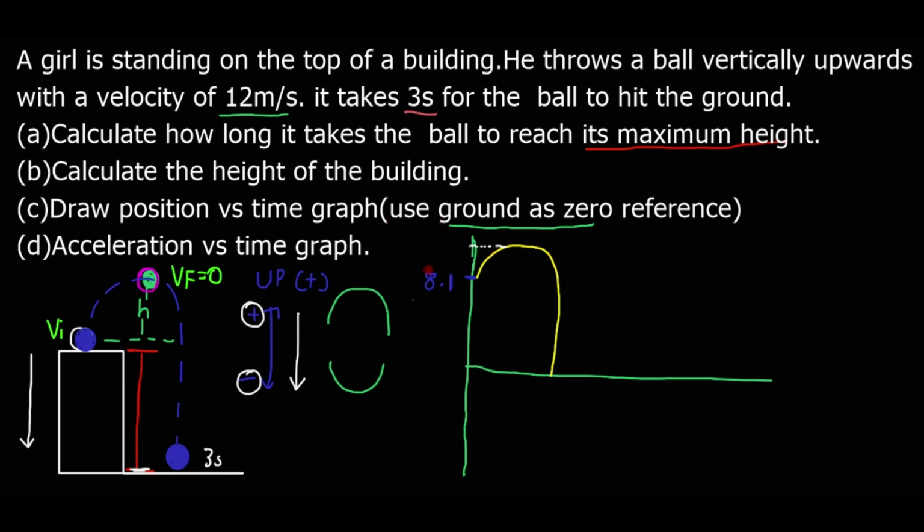And this question did not specify which value to use to draw our position time graph. So what we know is the height when this object reaches the maximum from here. But we did not find out that height, so we will leave it in this way. But we can calculate the time when this object reaches this maximum height, when this object goes from here to this, we found that the time is 1.22.